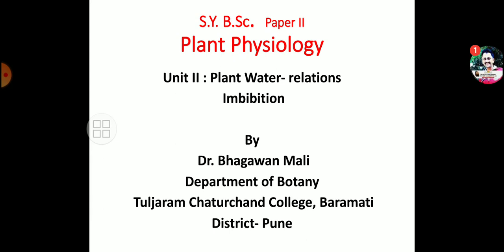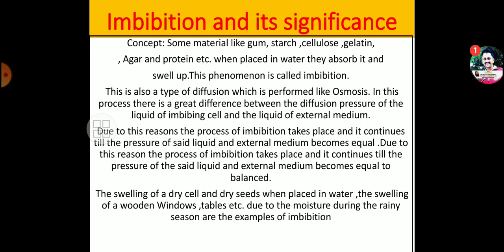From that, a very important physiological process we have to learn is imbibition. First, we have to get clear about the concept of imbibition, the definition of imbibition, and finally its significance to the plants or in the life of a plant.